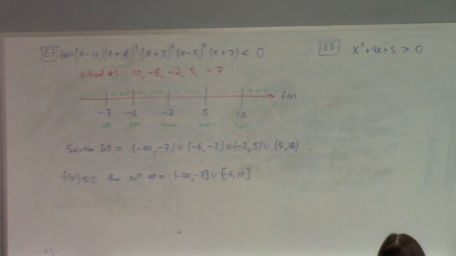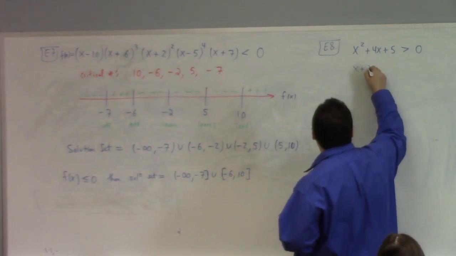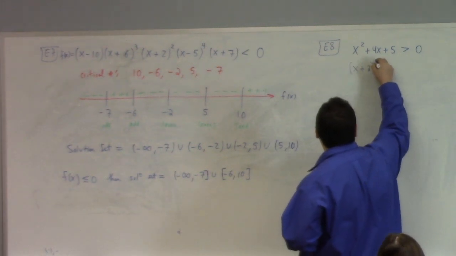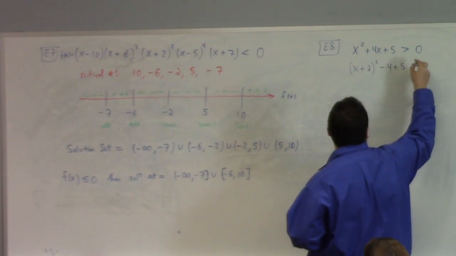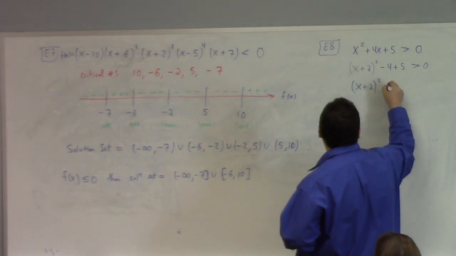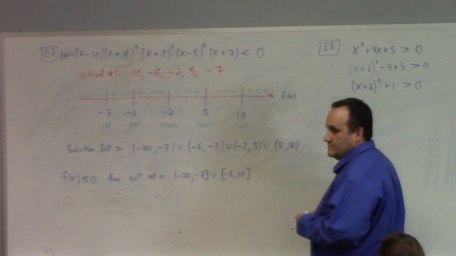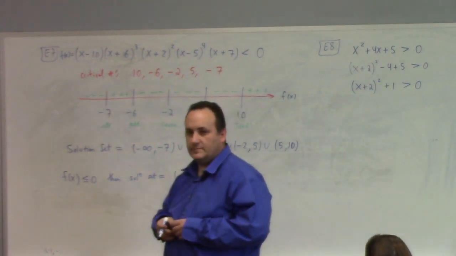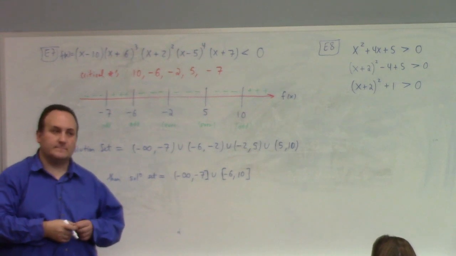So think about this. This is x plus 2 squared minus 4 plus 5 being greater than 0, which is to say x plus 2 squared plus 1 greater than 0. What are the critical numbers for this one?